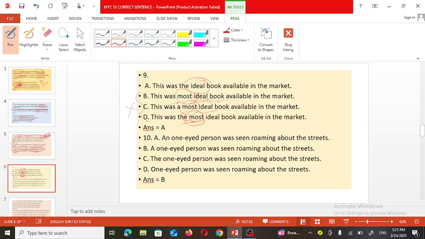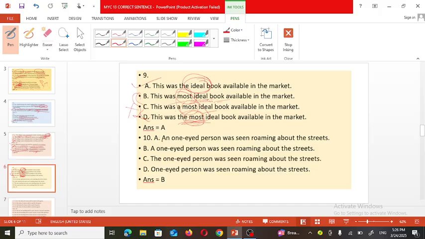Only most won't be there. So the most. But in this case, there is no need to use most or the most, because ideal means the best possible option for the book. That's why option A is correct.